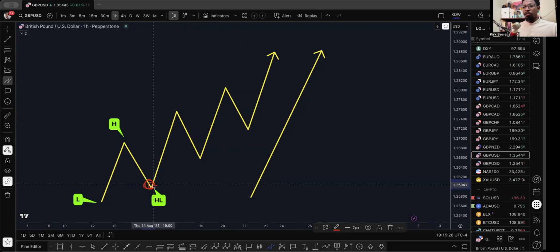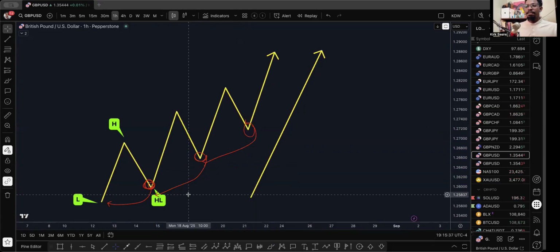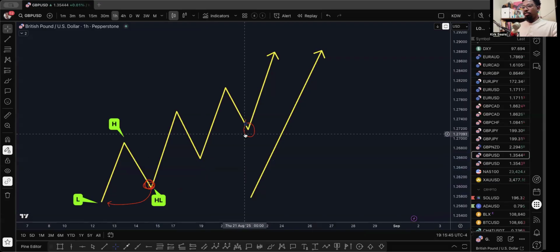This is a higher low because this low is higher than this low, right? So that's why this is a higher low, which means that this is also a higher low, which means this is also a higher low. Okay. And when we are buying, we always buy from a higher low. All right. Just on a point of structure, we always buy from the higher low.